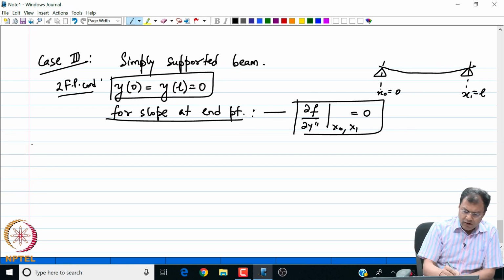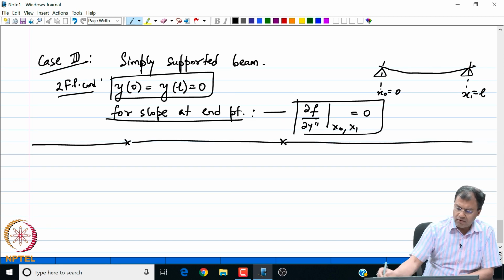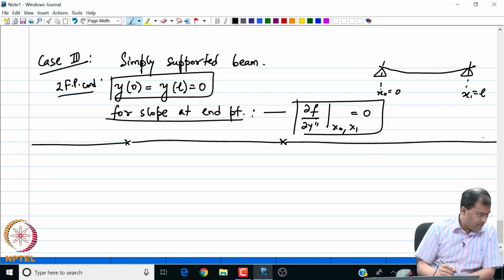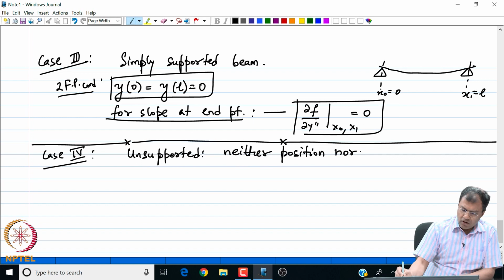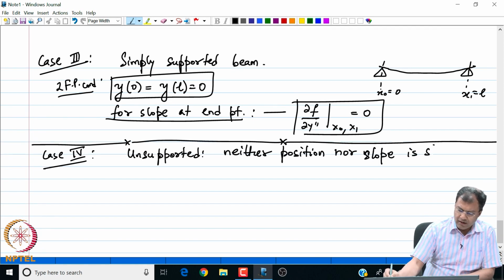Then finally, we could also include a case which is the unsupported beam. The unsupported beam is where neither the position nor the slope is specified, right.